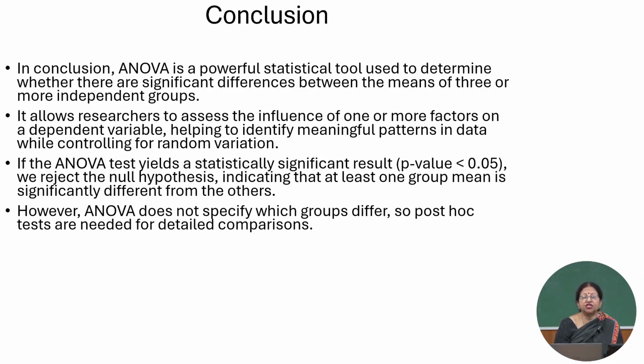However, ANOVA does not specify which group differs, so post hoc tests are needed for detailed comparison. So, to end this lecture, I would say ANOVA is very helpful in statistical calculation, but certain assumptions have to be taken in order to prove the hypothesis.